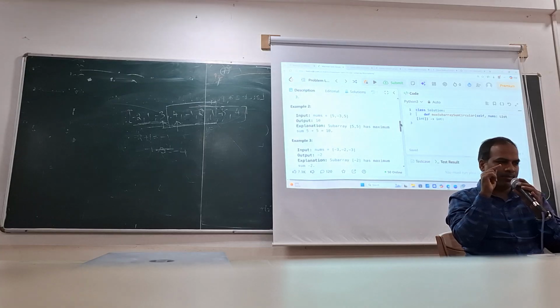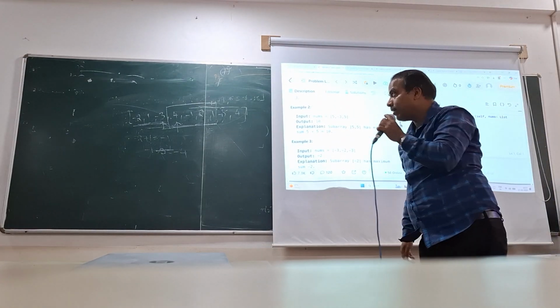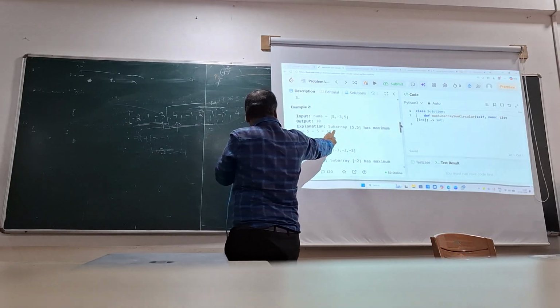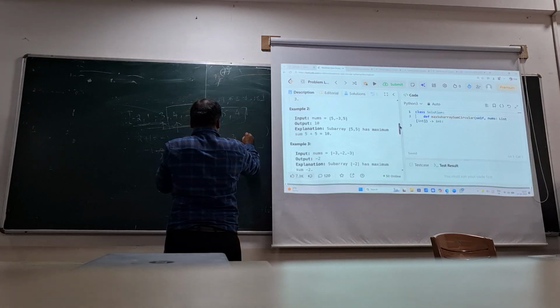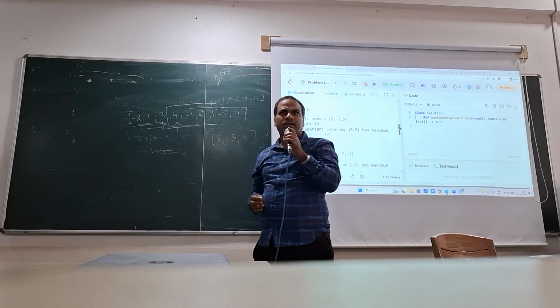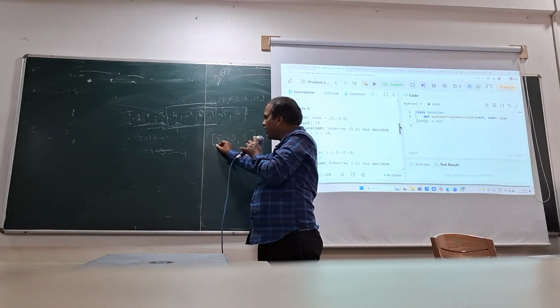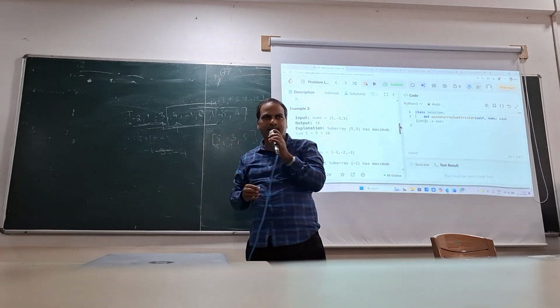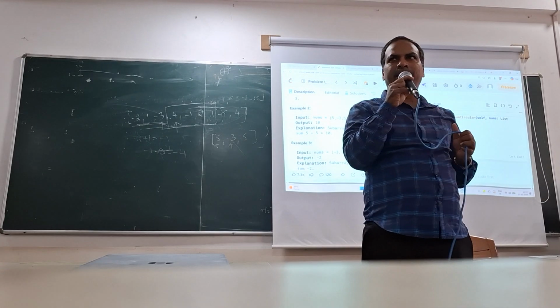Let's say I'm just starting with the first element 5. I'll write it out. See, this test case is 5, minus 3, 5. The length is very small, so easily you can use Kadane's algorithm. I start with 5. I go to 5 plus minus 3, which is 2.